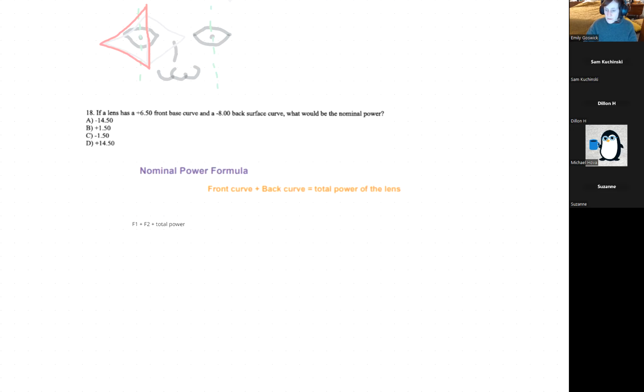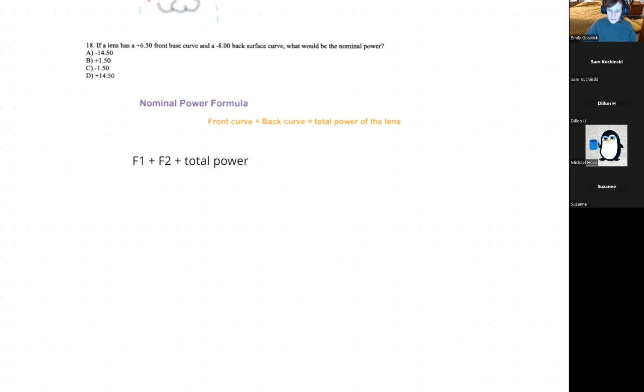So that's just another thing to remember there. Okay, so they're giving you a couple options. Obviously, it's going to be either 14.50 or 1.50. But we have to just make sure we get the signs right in this case.